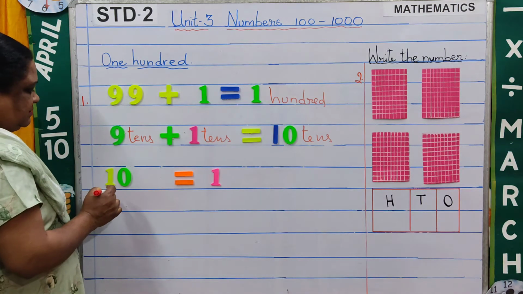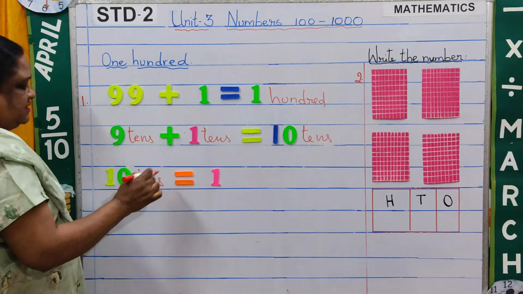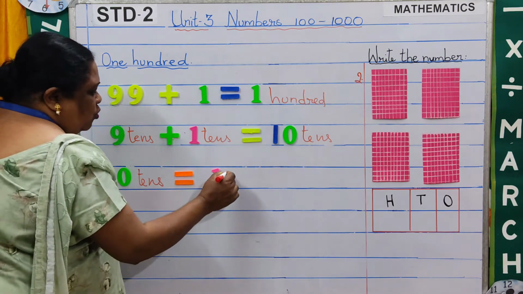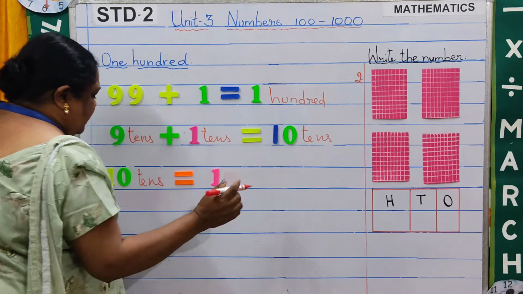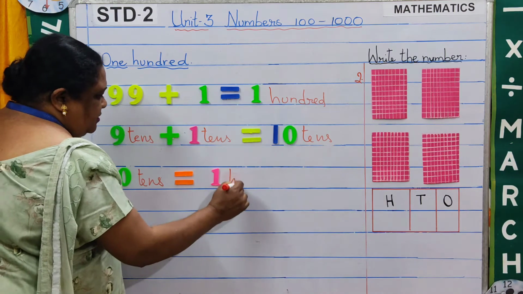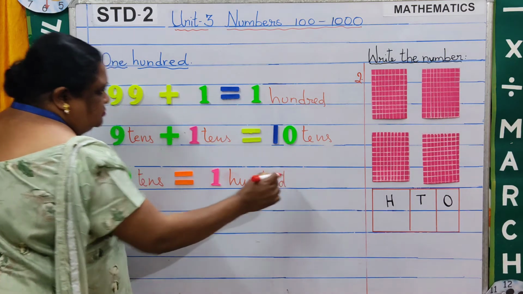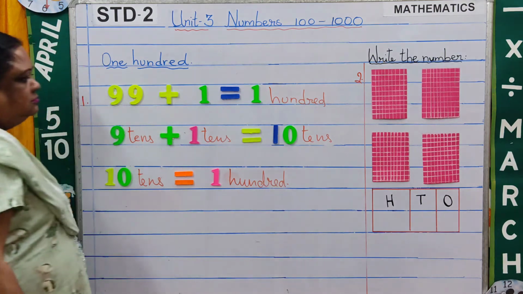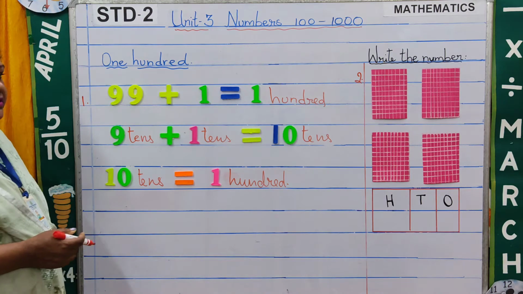The next one, 10 tens is equal to 100. So you see children, all these add up to 100.